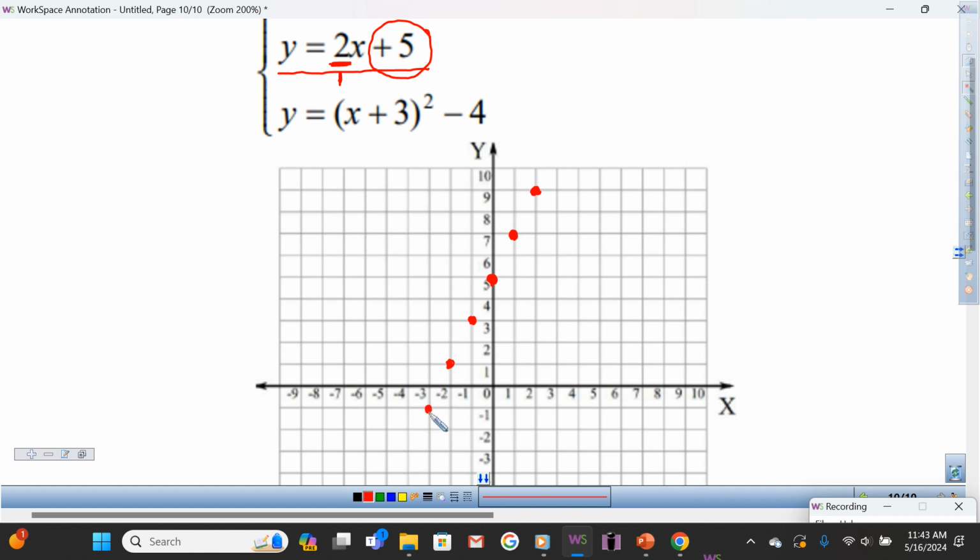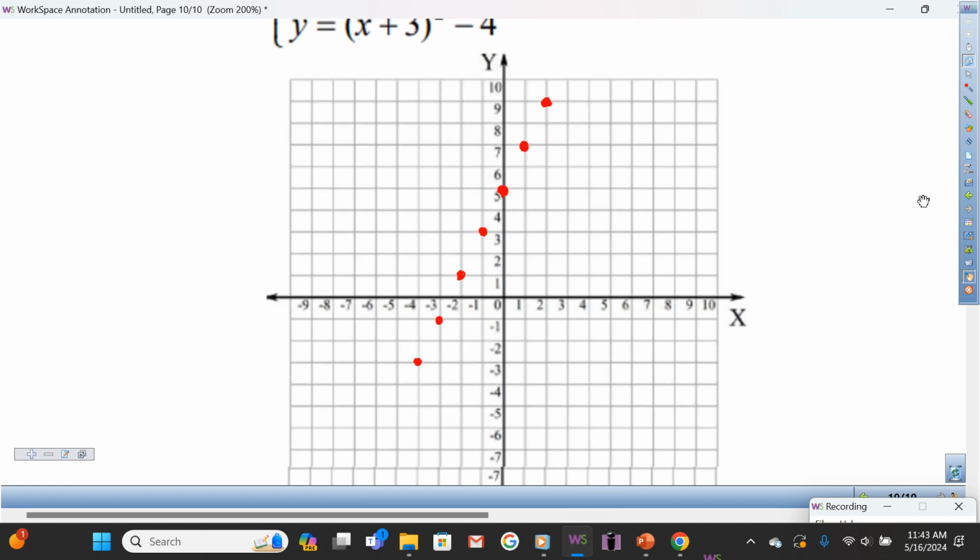2 steps down, 1 to the left. Keep going all the way till you run out of graph.